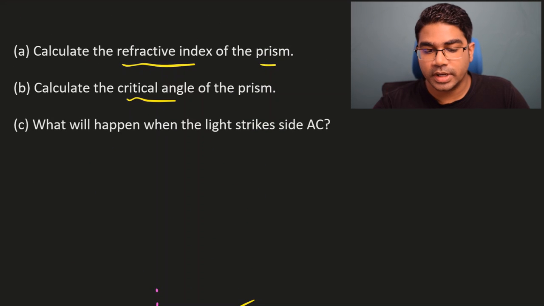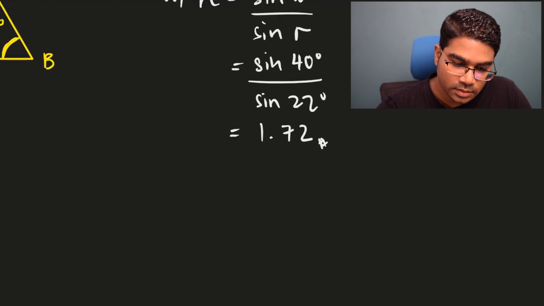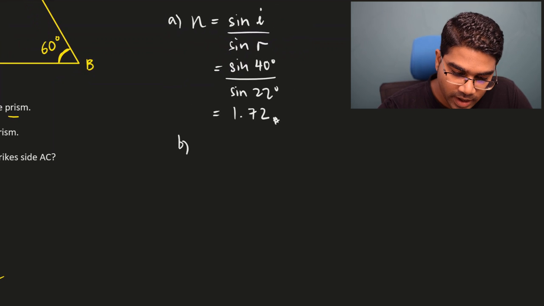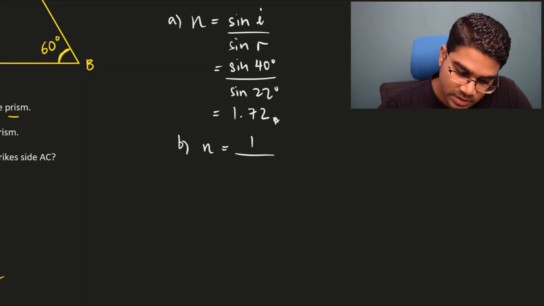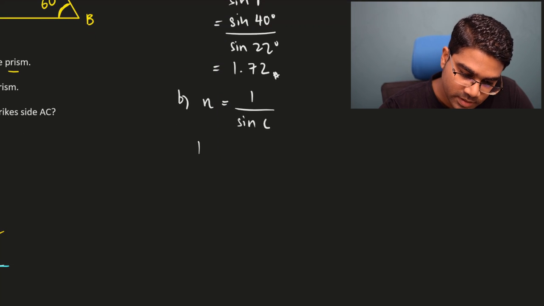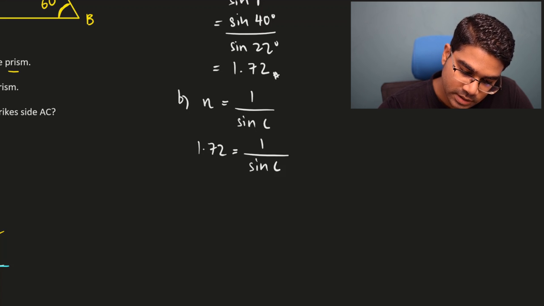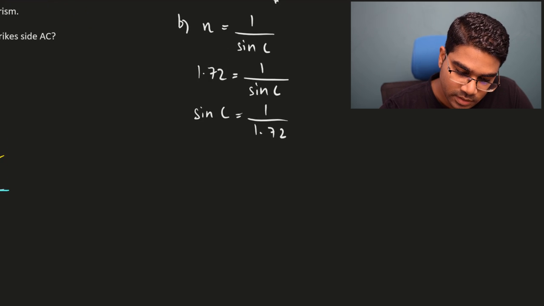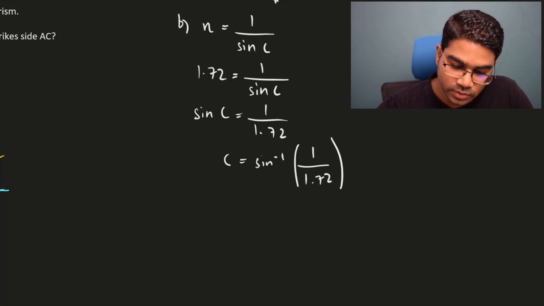The formula for critical angle uses the relationship with refractive index: n is equal to 1 over sine c. Substituting 1.72, sine c is equal to 1 over 1.72, and therefore c is equal to inverse sine of 1 over 1.72.